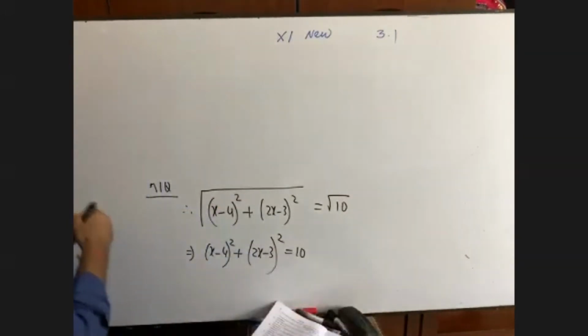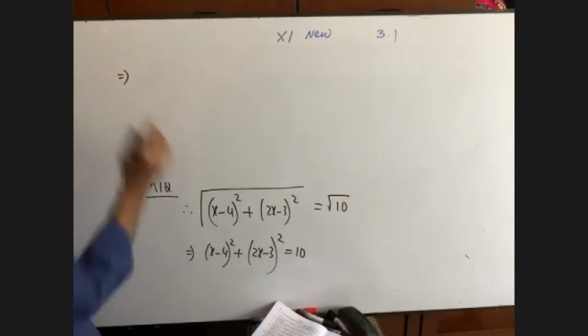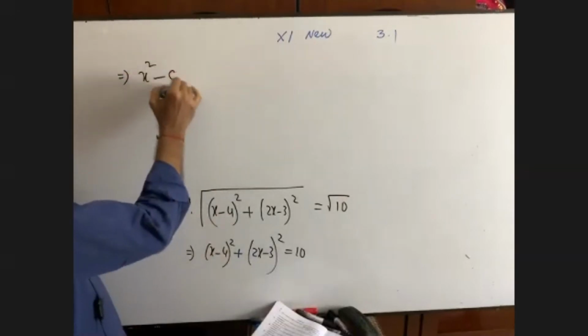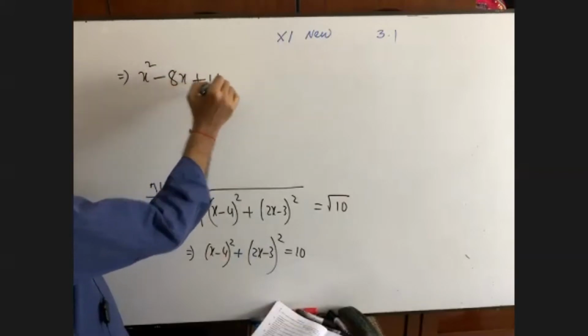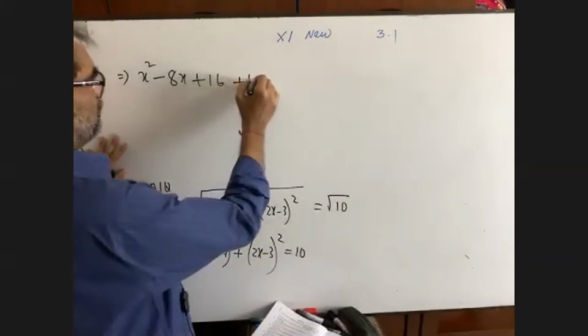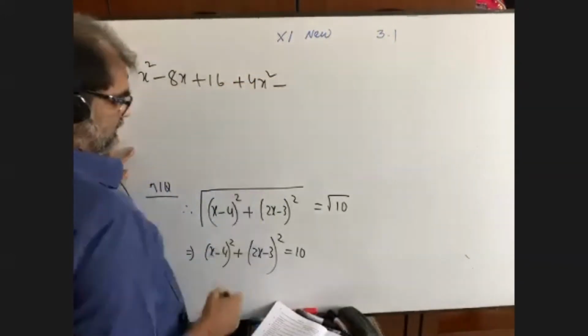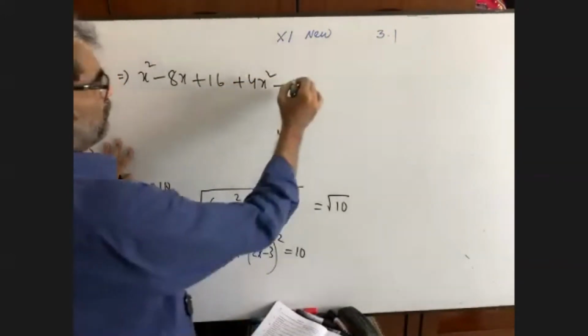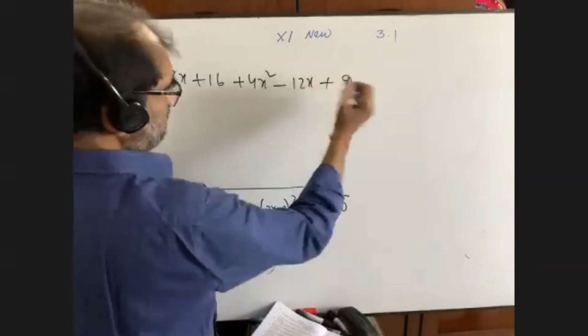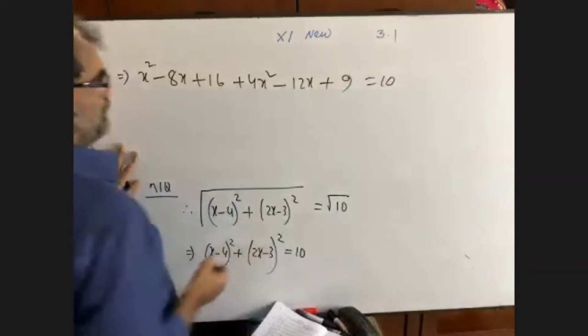You see now, x square minus 8x plus 16, then 4x square minus 12x plus 9 is equal to 10.